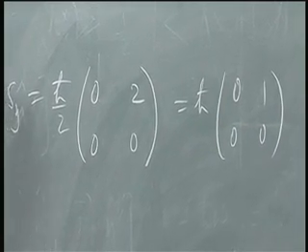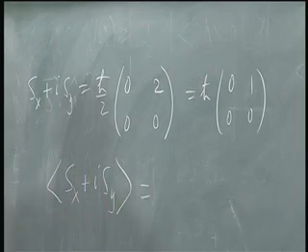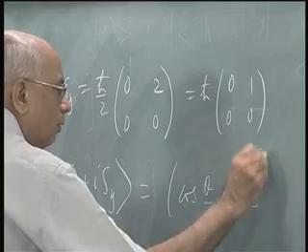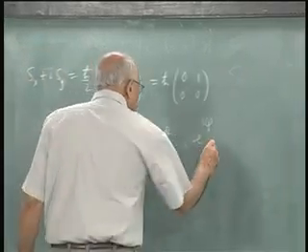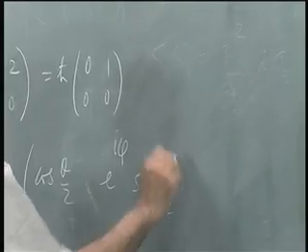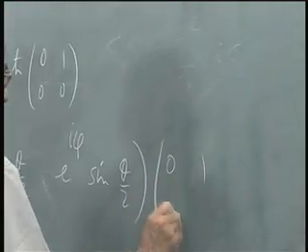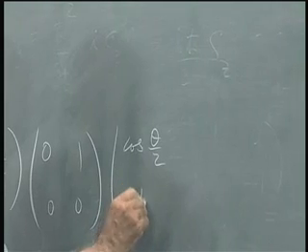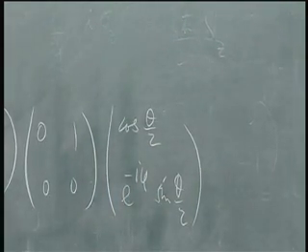And then the expectation value of this quantity, given this state, is equal to, so this state is cos theta over 2, e to the i phi. Complex conjugate is needed when you take the bra, you have to be careful, that is the only place you have to be a little careful. This times h cross 0 1 0 0 on cos theta over 2, that is it.